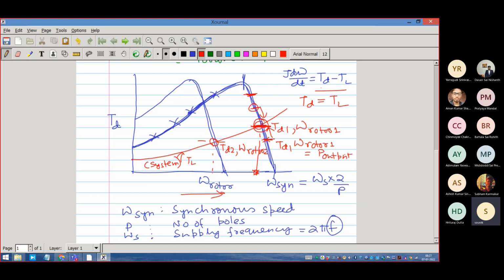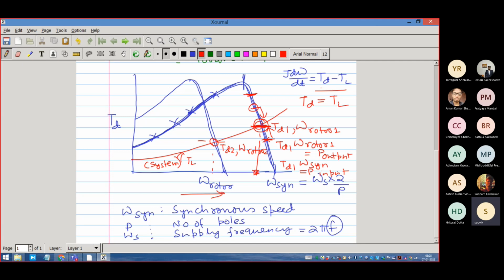The electrical machine's job is to provide power to the mechanical system. So that is the power it is giving to the shaft. Whereas the power input is TD1 into omega sin, that is the power P input from the electrical supply source.